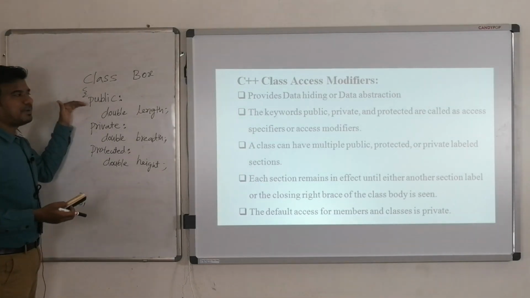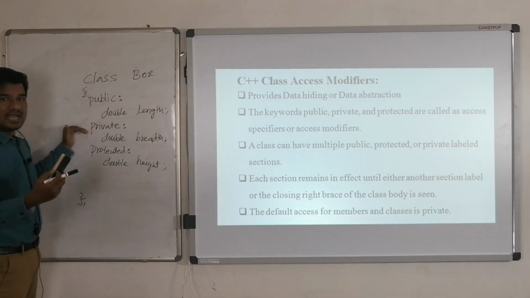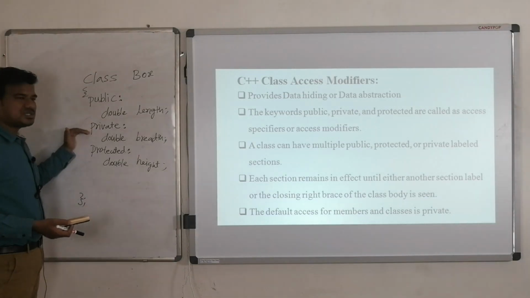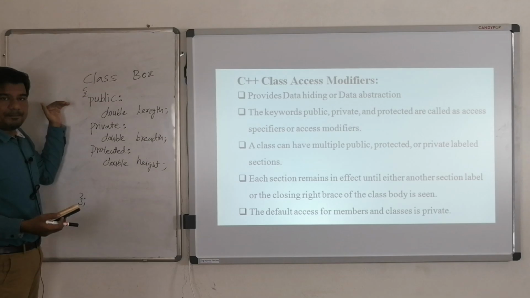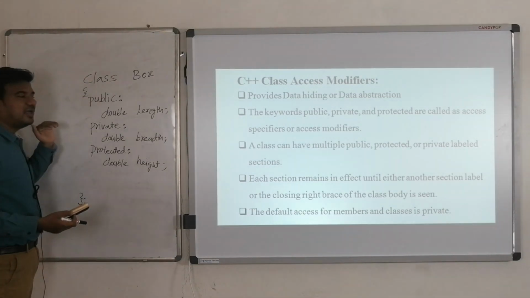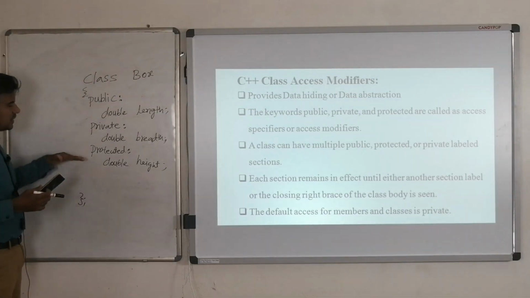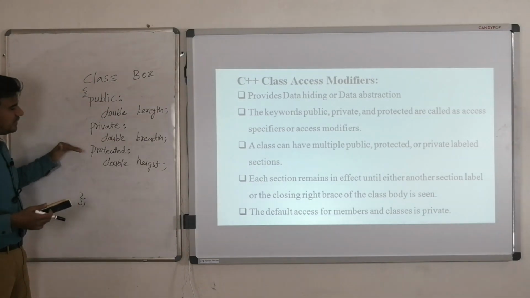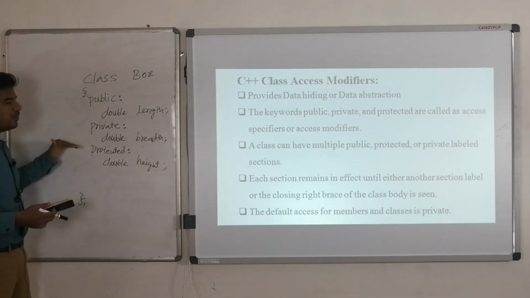So here the public access modifier will start and end when you are starting another type of access modifier, and as you start another type of access modifier, immediately the scope of the previous access modifier will end. So here I am starting the protected access modifier's scope. After this point, whatever data members and member functions I am going to use, all those will become protected.